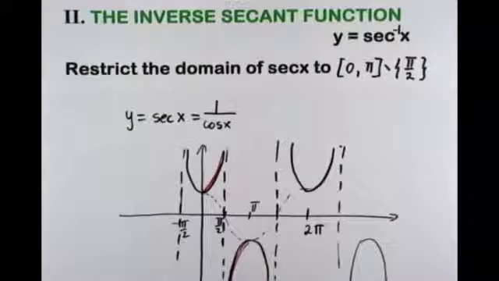Therefore I'm restricting my domain from 0 to pi, except the asymptote, right? We need to take out the asymptote. So I'm considering only those two parts of my secant graph, and those graphs we're gonna reflect and get the secant inverse.